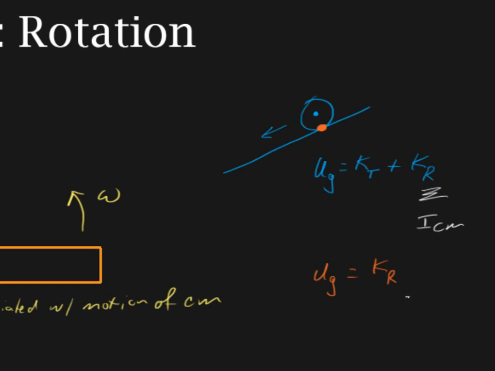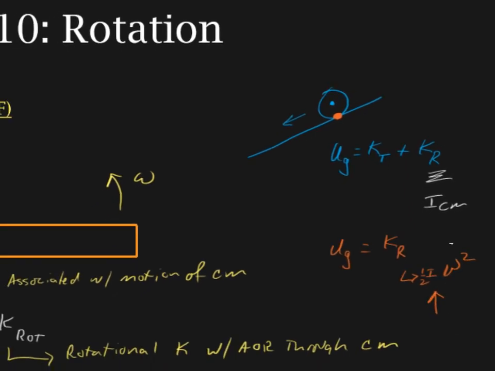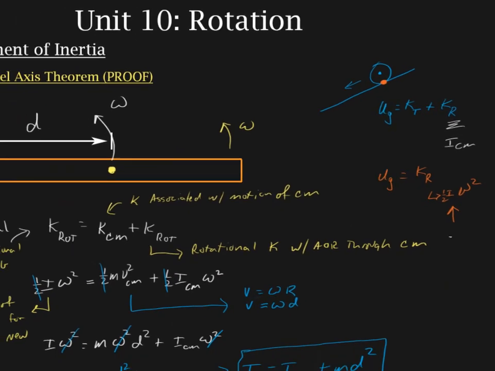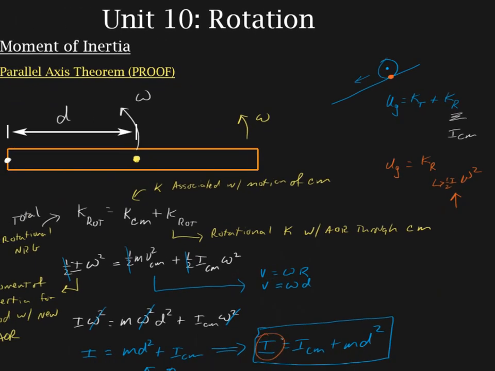The reason is that K rotational is 1/2 I omega squared, but this I is no longer I through the center of mass. This is the I that you get here, and this I already includes what's going on with the center of mass. And so we no longer need to worry about writing K translational.